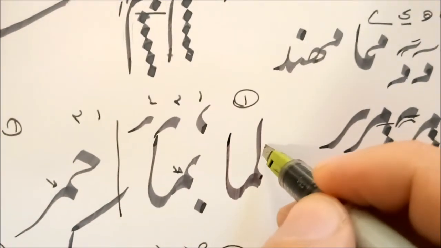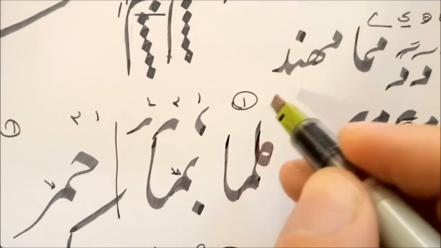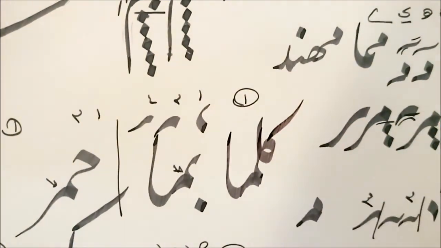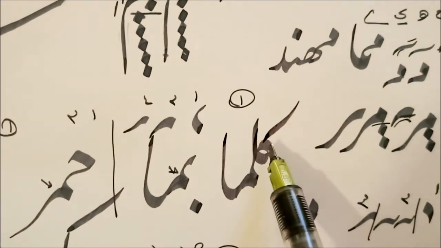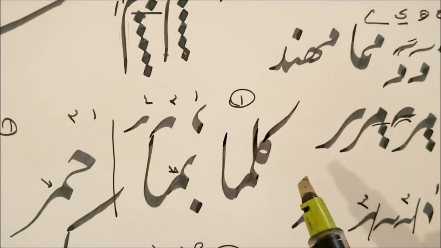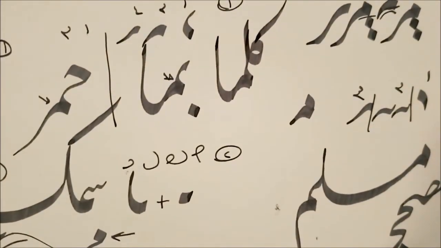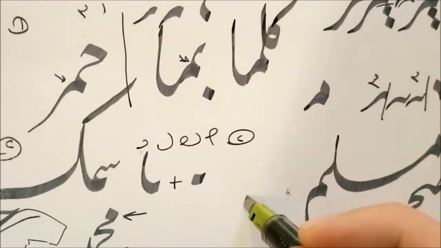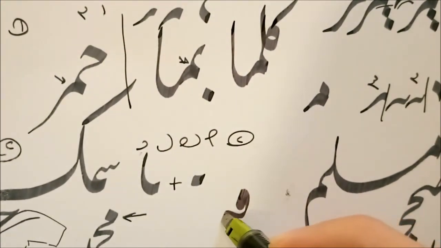If it was Kullama, you are going to use the Kaf here that goes with a Lam, as we can see. So you see how the Kaf had to use this shape because it's connected to a Lam. And Afakullama, you are going to use this combination, for example. The Kaf would change because you have a Fa and you have the option of using this Kaf.